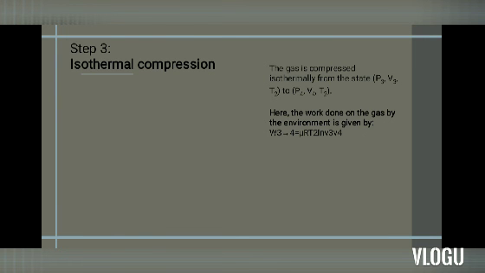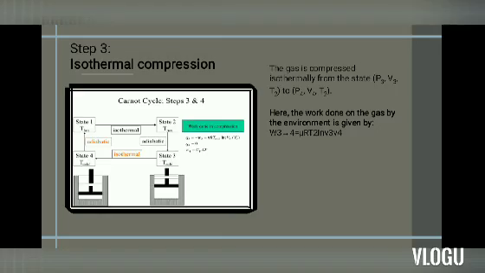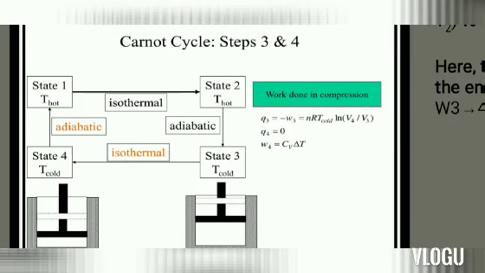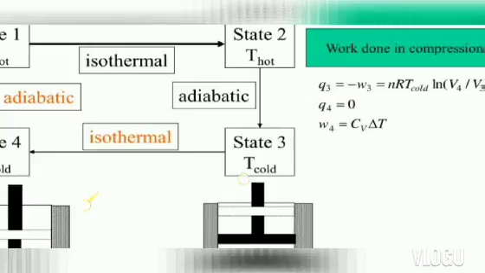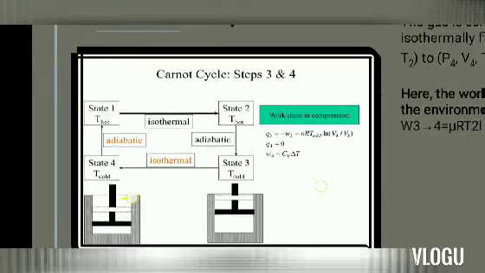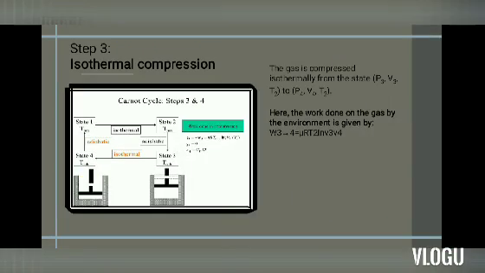It simply means the gas is compressed at this stage. While compressing the gas, we simultaneously hold the temperature of the gas constant. Instead, heat is transferred to the cold reservoir.